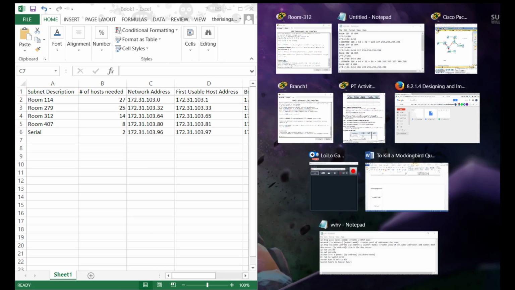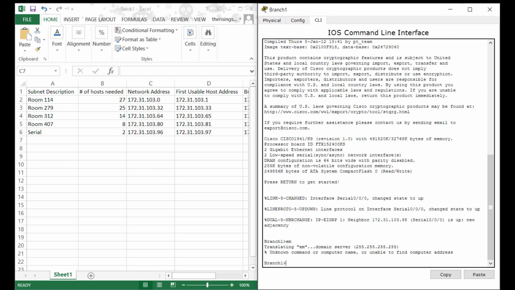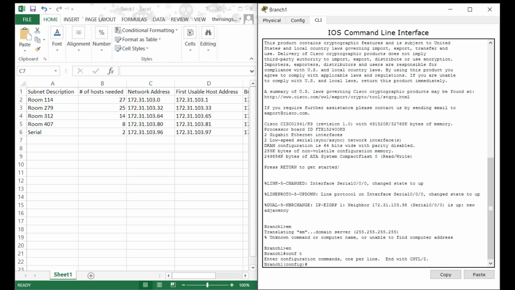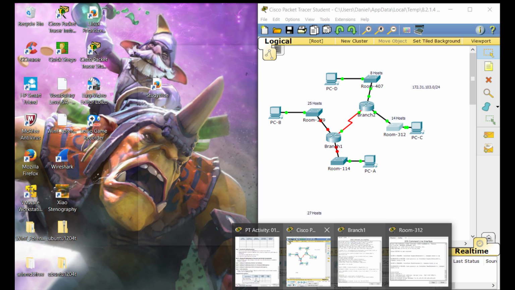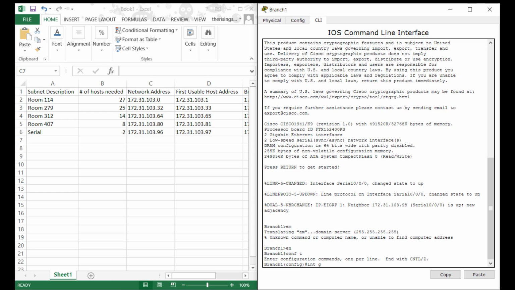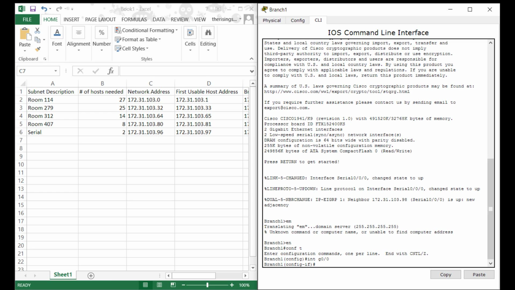Okay, let's check back and see if that router is done. Yes, there it goes. Branch 1 is gig 0/0 and gig 0/1. Okay, so interface G0/0.